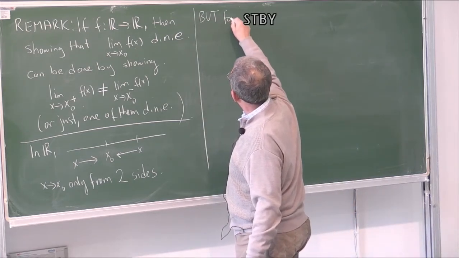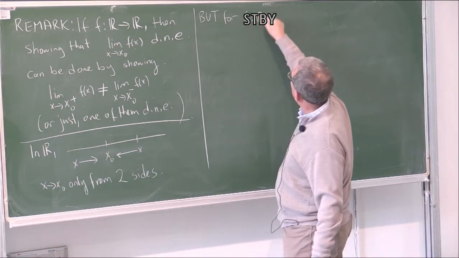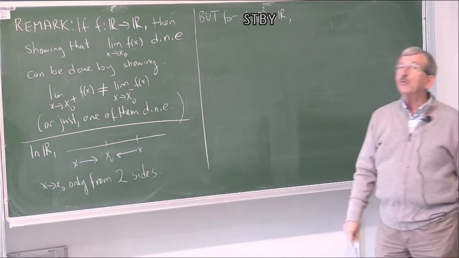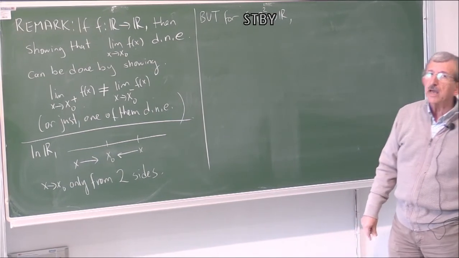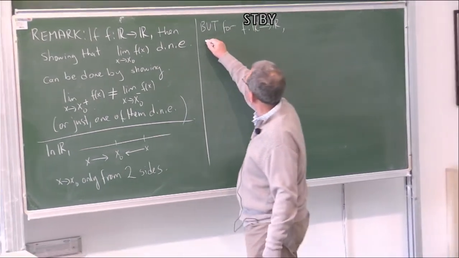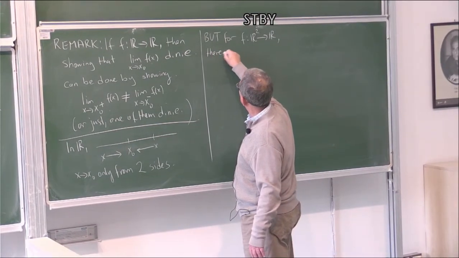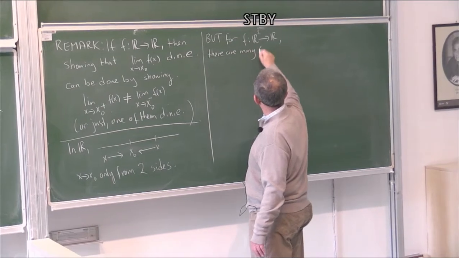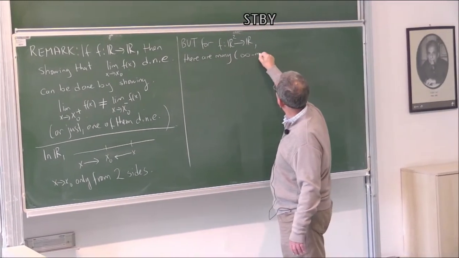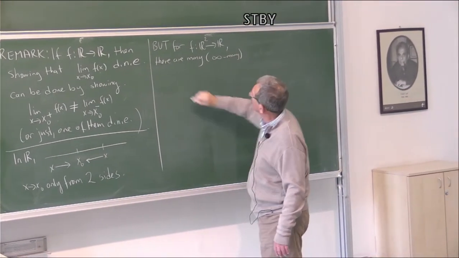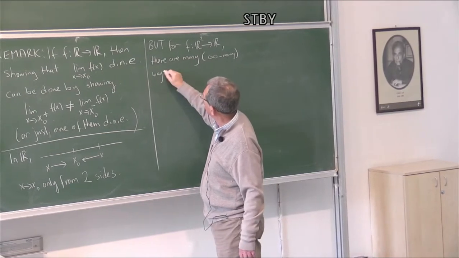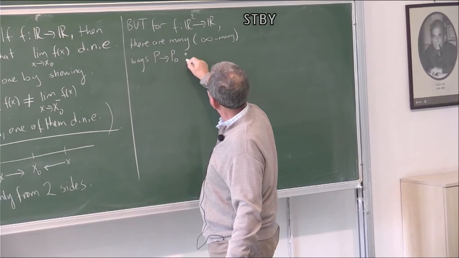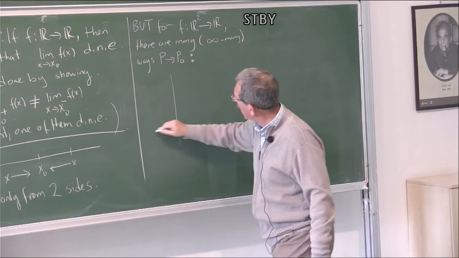But for f from R2 into R, there are many ways P can go to P0. Let us look at a picture.